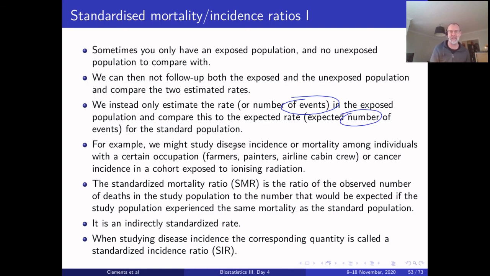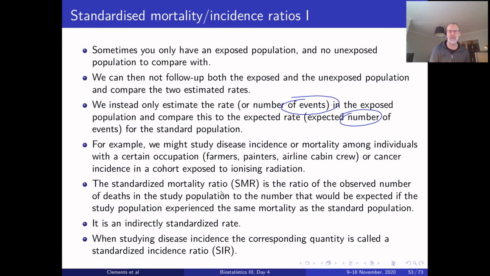As an example, we might be studying disease incidence or mortality among individuals from a given occupation, like farmers or painters or airline cabin crew. Or we could be looking at cancer incidence in a cohort which has been exposed to ionizing radiation.